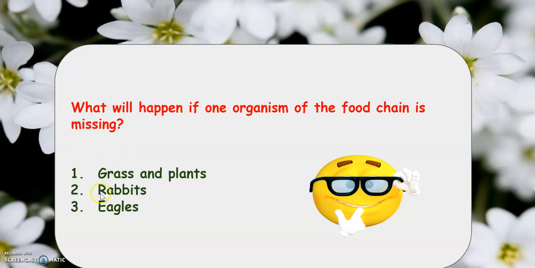I give them three items, and they create their own scenario about what will happen for each. So if we don't have grass or plants, what will happen? Next, another scenario: if we don't have rabbits or herbivores, what will happen? And then eagles. In each scenario, they have to respond, and they can participate in groups.